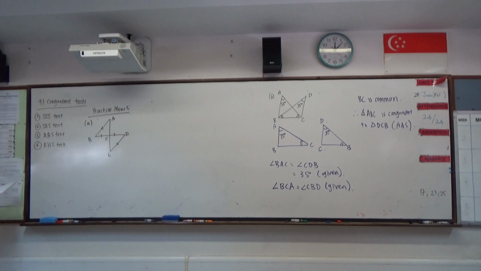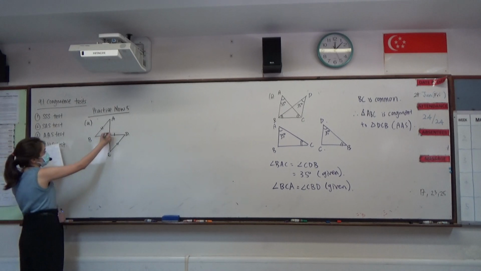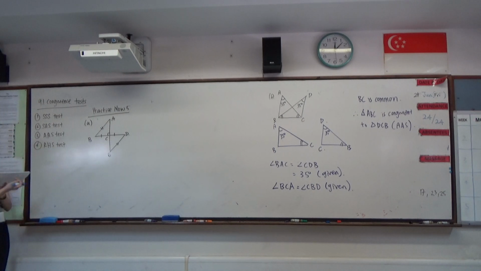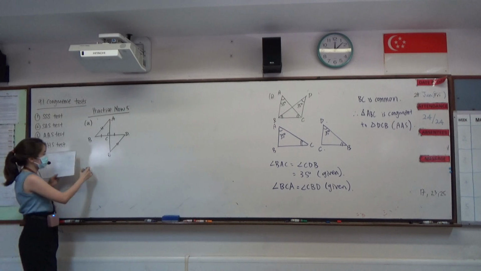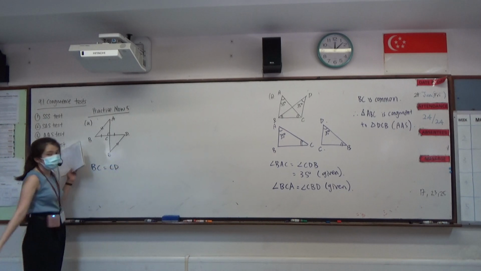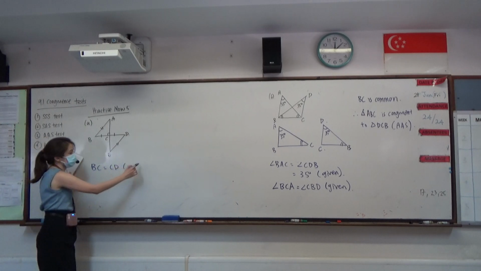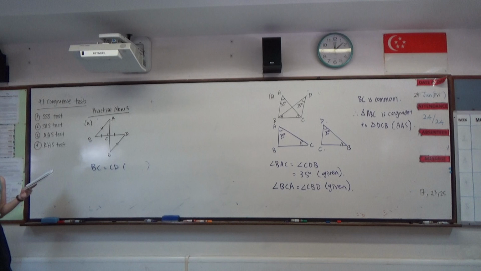Now 5, right? How do we go about proving that these two triangles are congruent? What would you have done? And then what would you have done? BC equals to CD. Because of what?